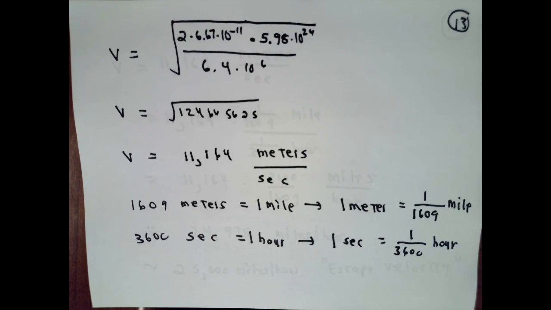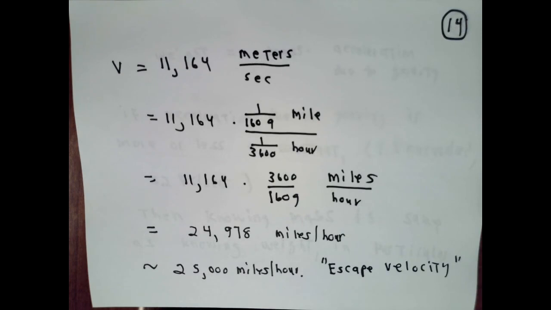So any place I have the word meter, I can replace it with this, and any place where I have the word second, I'll replace it with that. If I do the arithmetic, the speed that I end up with is 24,978 miles per hour. Usually, when people are talking about this, they just say about 25,000 miles per hour.